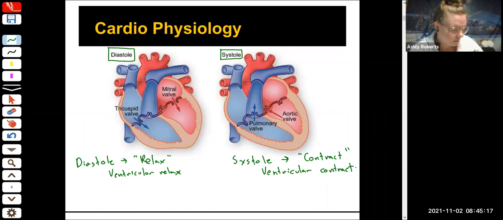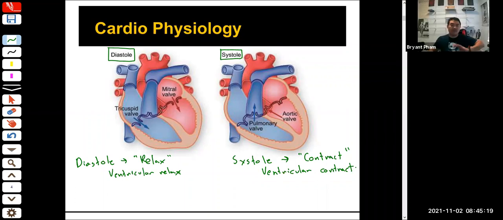So again, whenever you see diastole or systole by itself, the default is the ventricles. If you want to talk about the atria, you would have to say atrial diastole, atrial systole.